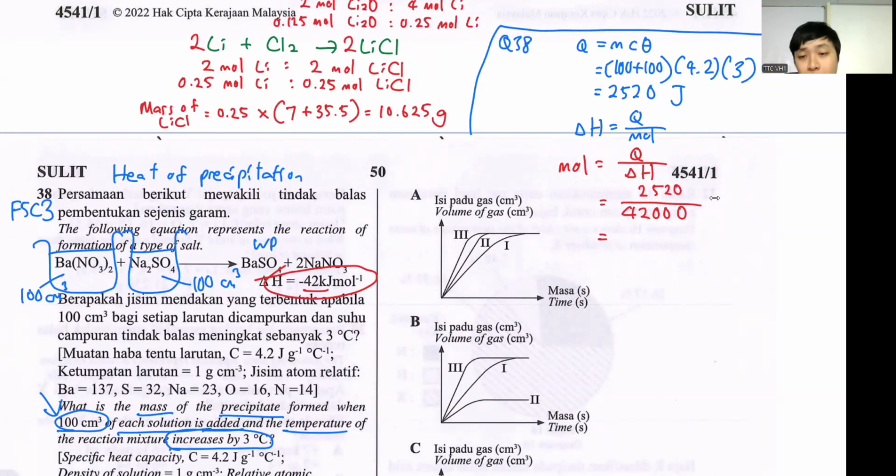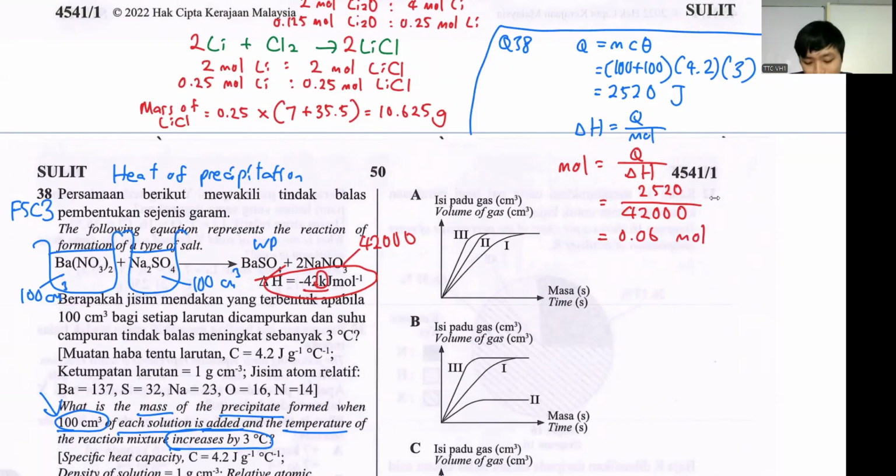Oh, you mean change joule to kilojoule? Okay, whatever. You can just change this 42 kilo to 42000, then you just divide. Don't forget the kilo. You will get 0.06 mole.